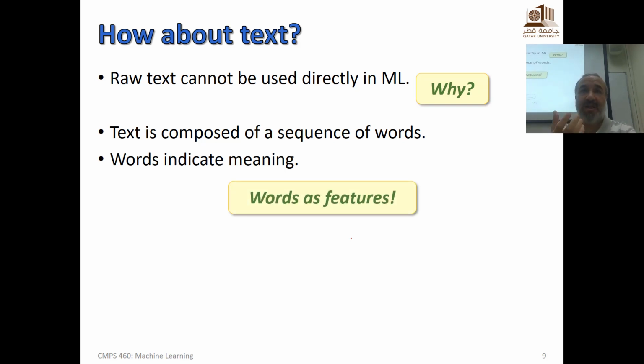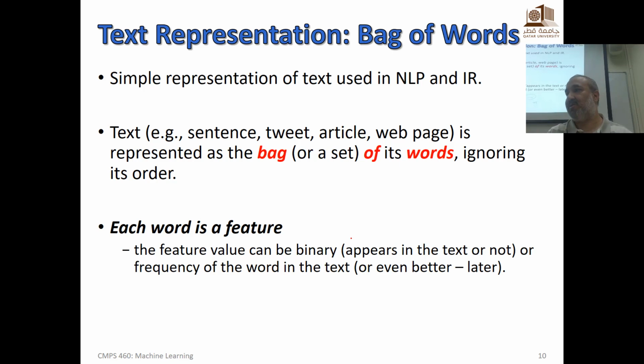Every word can be a feature. It's like categorical, but we have so many values, so we convert it into many features. Each word will be a feature, and this is what we called last time bag of words.